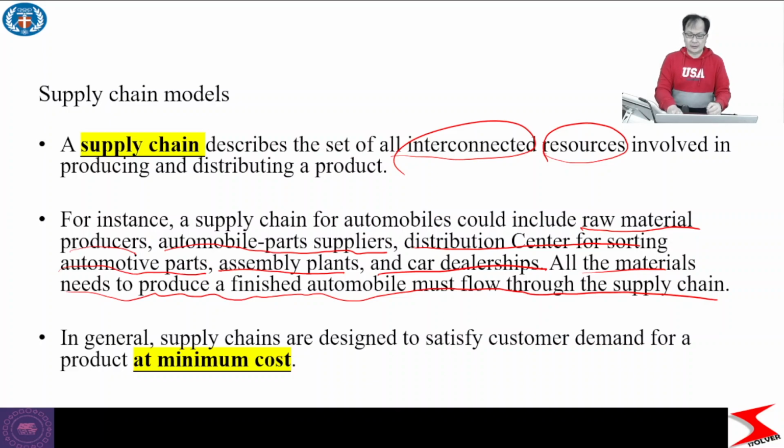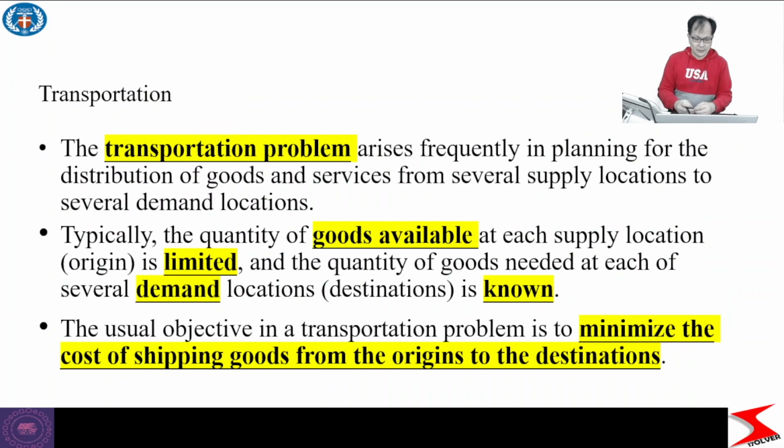So normally we can transform the supply chain model into the transportation problem. So what is the transportation problem? The transportation problem arises frequently in planning for the distribution of goods and services from several supply locations to several demand locations.